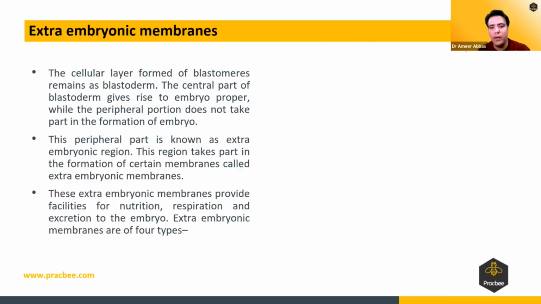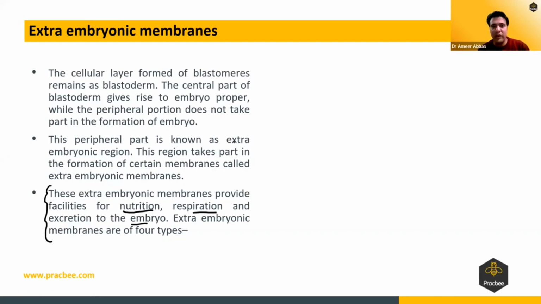Now, extra embryonic membrane. The main role of the extra embryonic membrane is to provide nutrition, respiration and excretion for the embryo. So now the trophoblast will come into play.